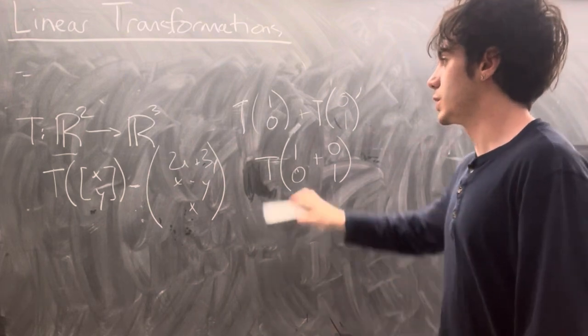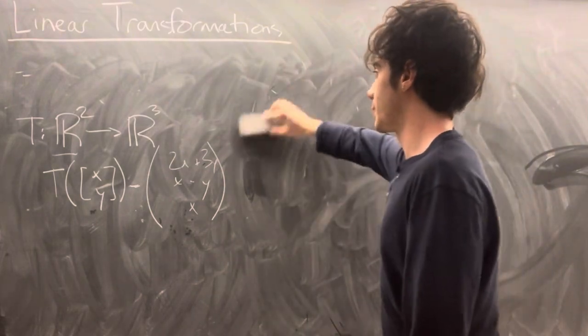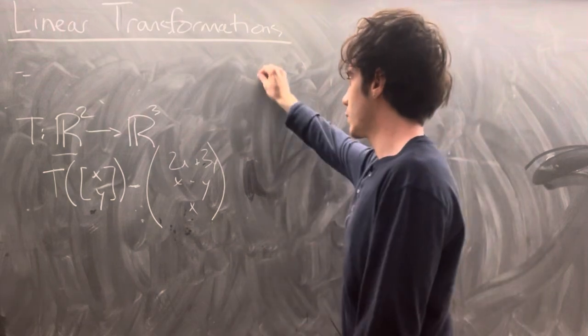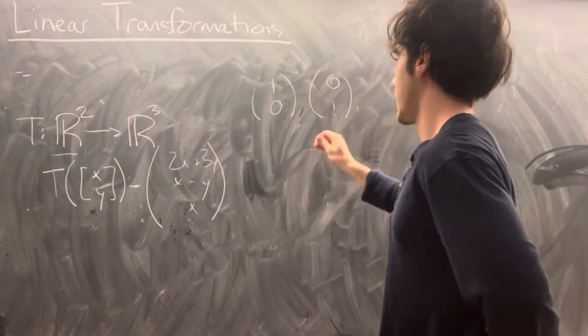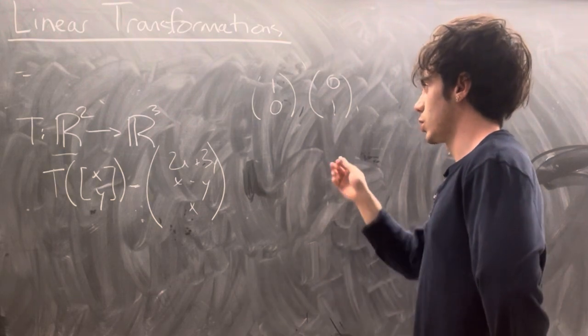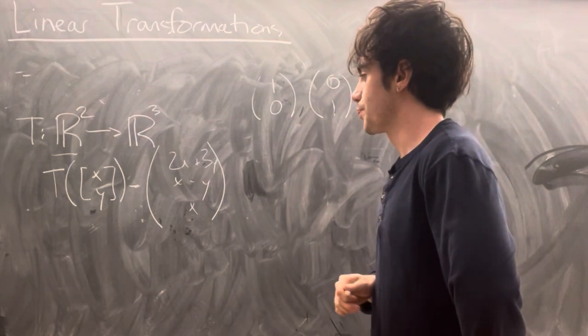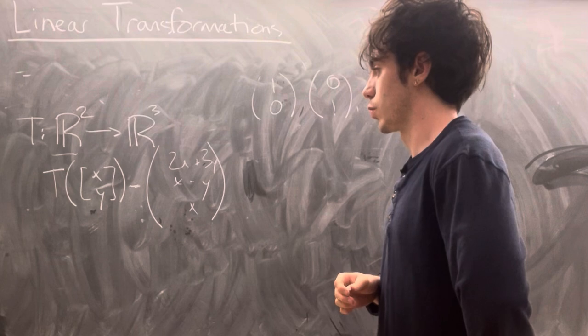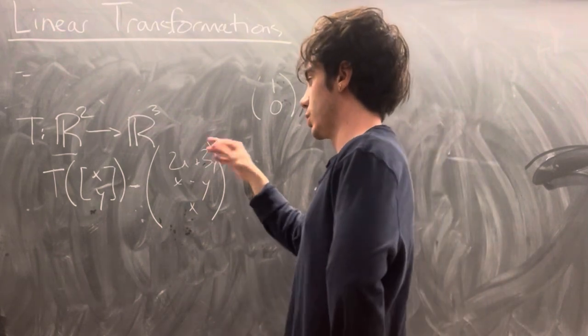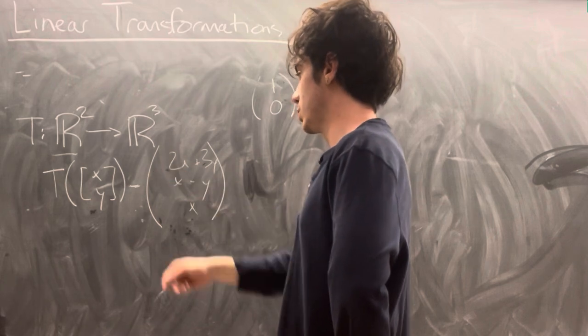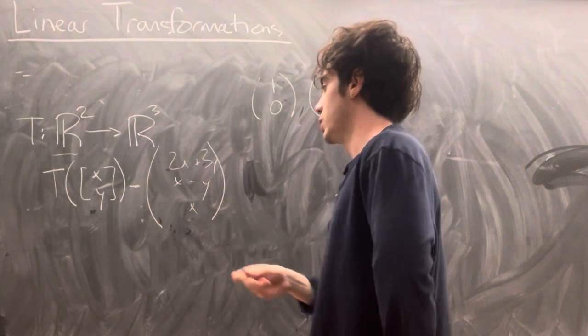So how we do it is we're going to take our first basis vector, which is (1, 0), and (0, 1). Like I said, these are the basis vectors for R2, and we're going to look at how they're being transformed. We see that for x, in this first row, we have 2, 1, 1.